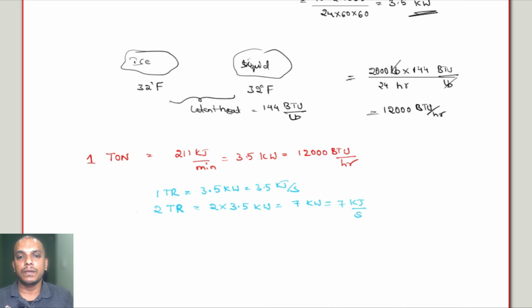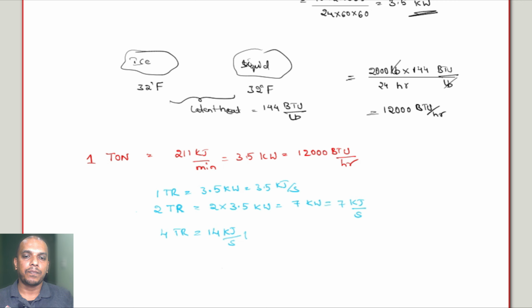So, how fast we are removing heat is the question. If we go for 4 ton, obviously this goes to 14 kilojoule per second. So, ton of refrigeration is telling us how fast the heat is removed. Now, if anything is given in kilowatt, we can convert it into tons of refrigeration.